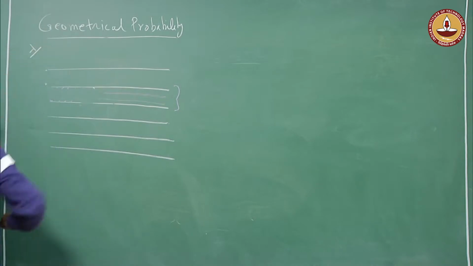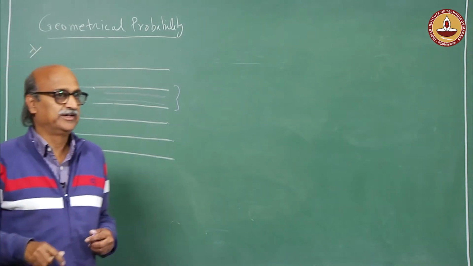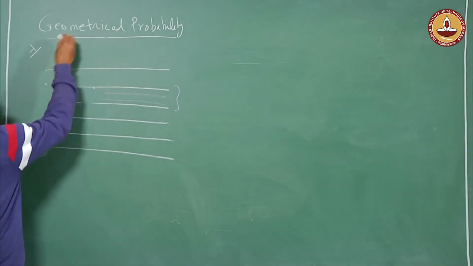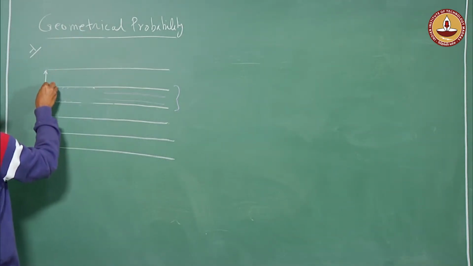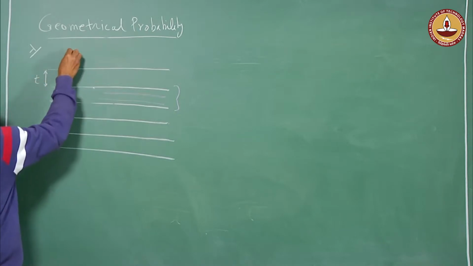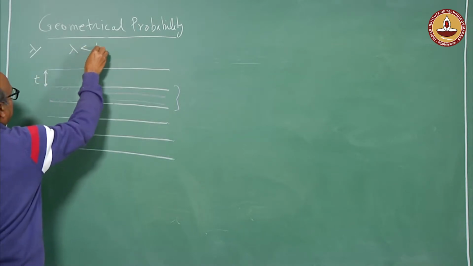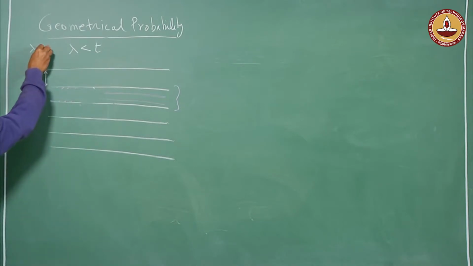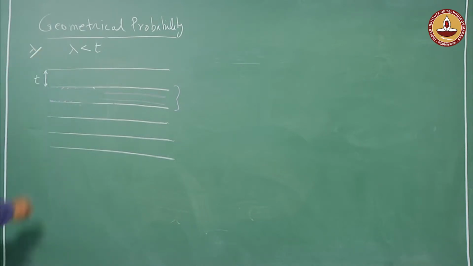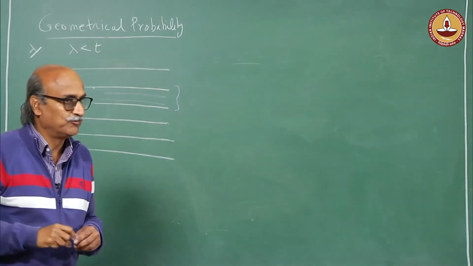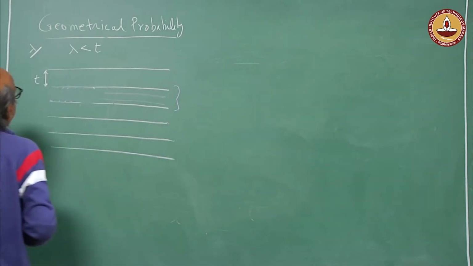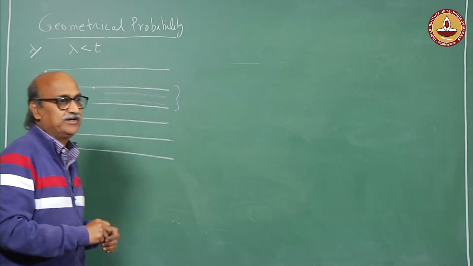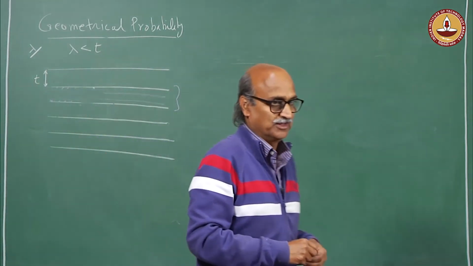Let us say I now have a needle of length lambda, and the spacing between these lines is again t, and lambda is less than t, and this is my needle or a stick or whatever you wish to call it. What is the probability that this needle will intersect one of these lines?